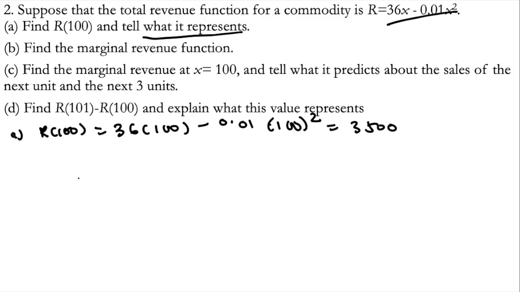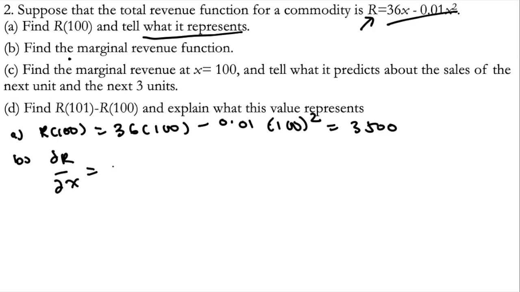Now B, find the marginal revenue function. The marginal revenue function is actually the differentiation of the revenue function, or total revenue function. So how do we do it? Delta R over delta x. So we differentiate the revenue function with respect to x.